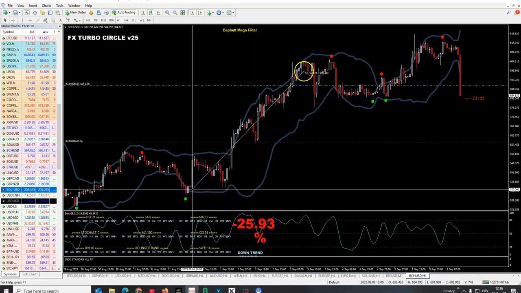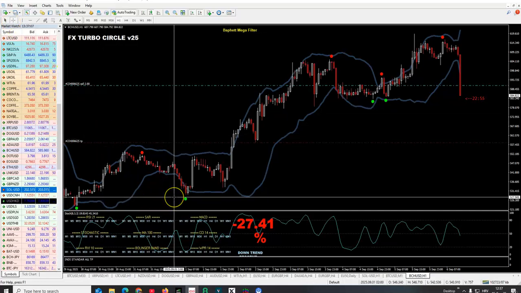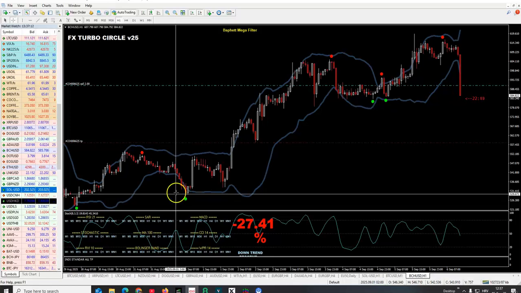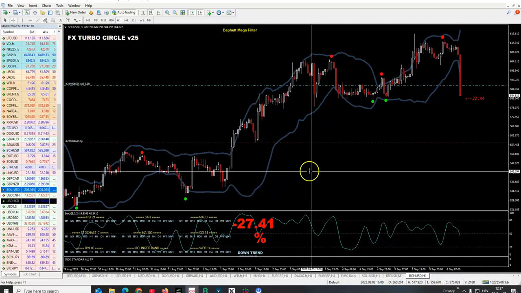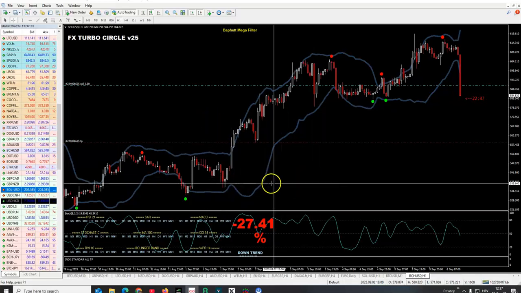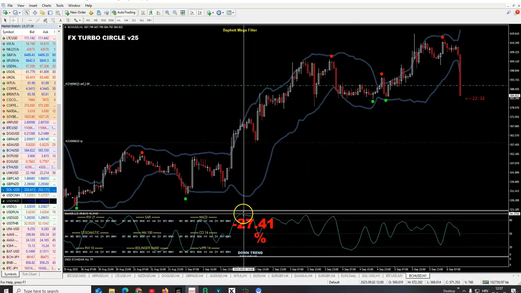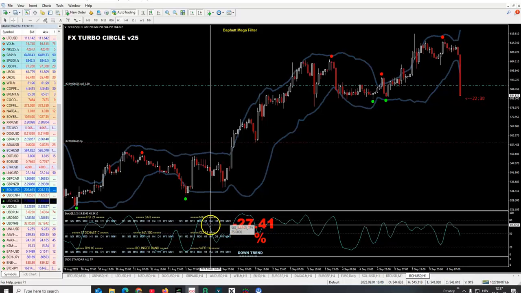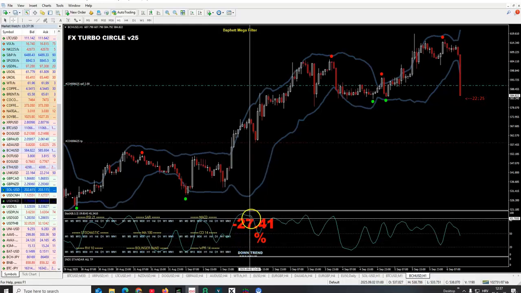So here if you enter, you will not be hit by the stop loss because the stop loss is a few pips below, and at least 1 to 2. In my experience, there are two ways to exit the trade: when you get the opposite dot, or when this goes under the 20, or if this becomes red.